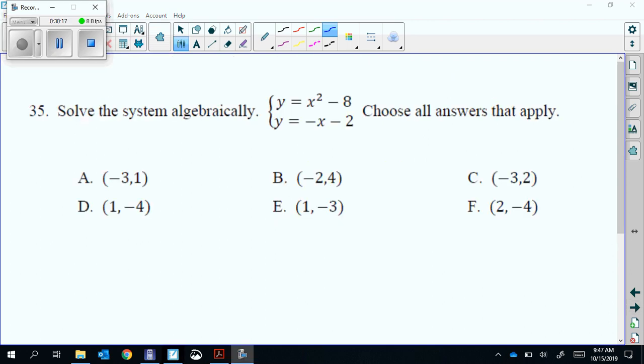Solving algebraically, for this one, I would choose substitution. Substitute one equation into the other. Since they're both y equals, that means they end up just being equal to each other. x squared minus 8 is going to equal negative x minus 2.